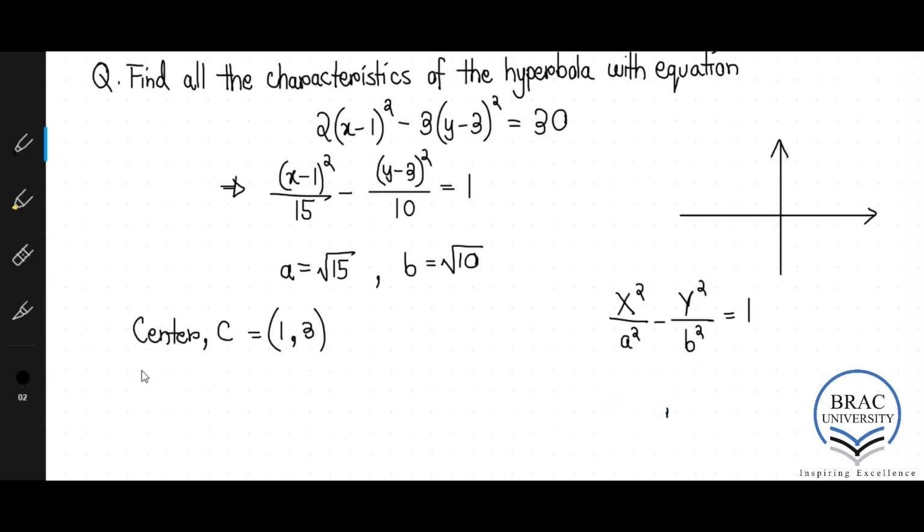Now we have the vertices. The vertices are 1 plus minus square root of 15, comma 3. Now why is that the case?